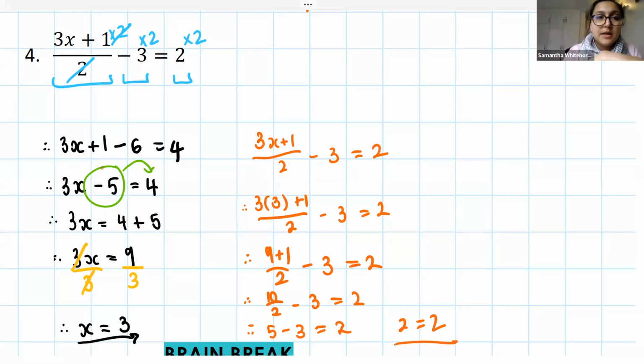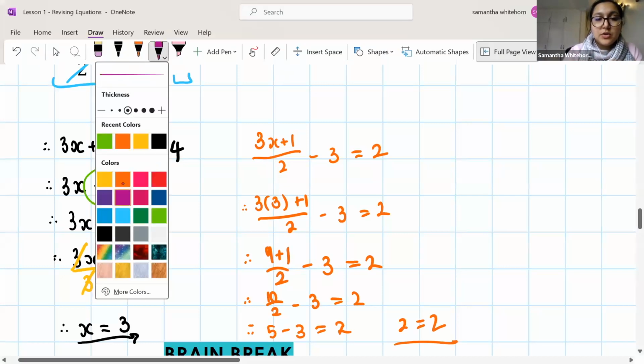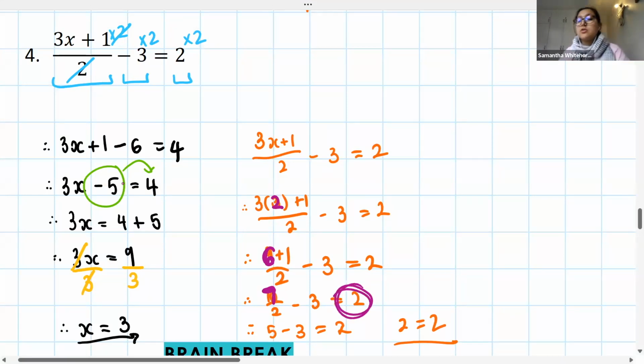Guys, if we had checked the answer a lot of you were given as 2, 3 times 2 is then 6 plus 1. And 6 plus 1 is 7. Now 7 over 2 is 3.5. So 3.5 minus 3 gives us a half, not that answer of 2. And that's why I'm saying double check yourself.